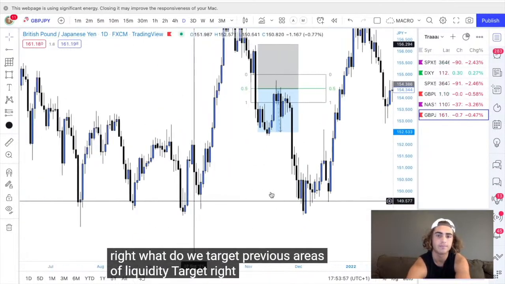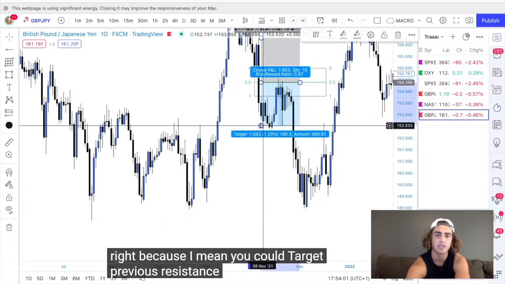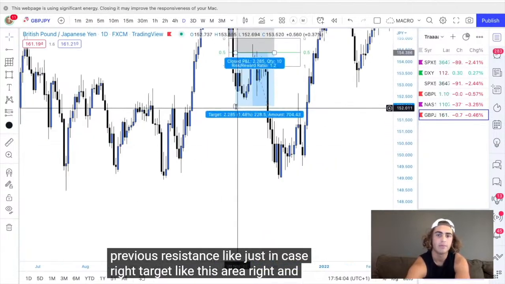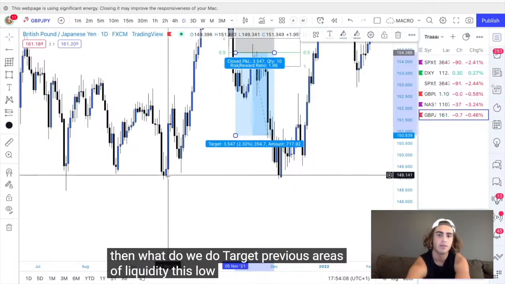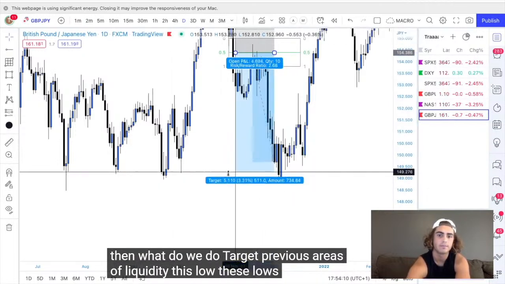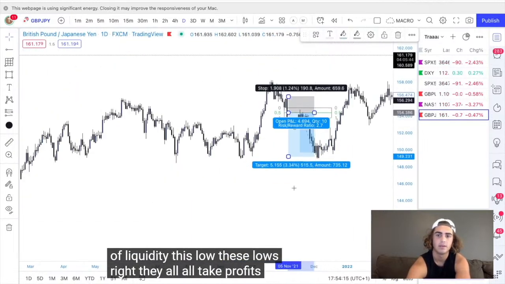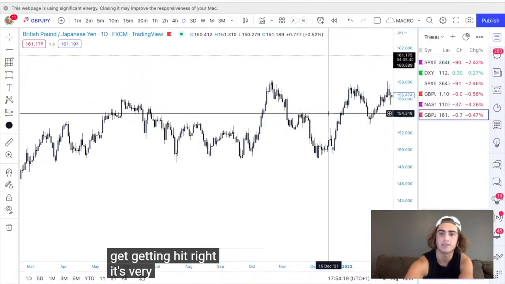Target right here, right? You could target previous resistance, just in case. Target this area, and then previous areas of liquidity, this low, these lows. They all take profits, getting hit, right? It's very simple stuff, you guys.